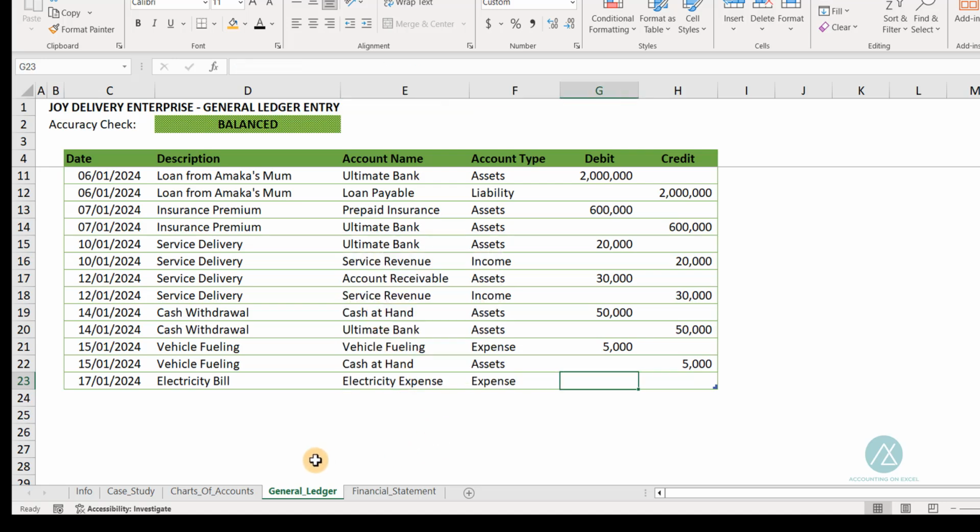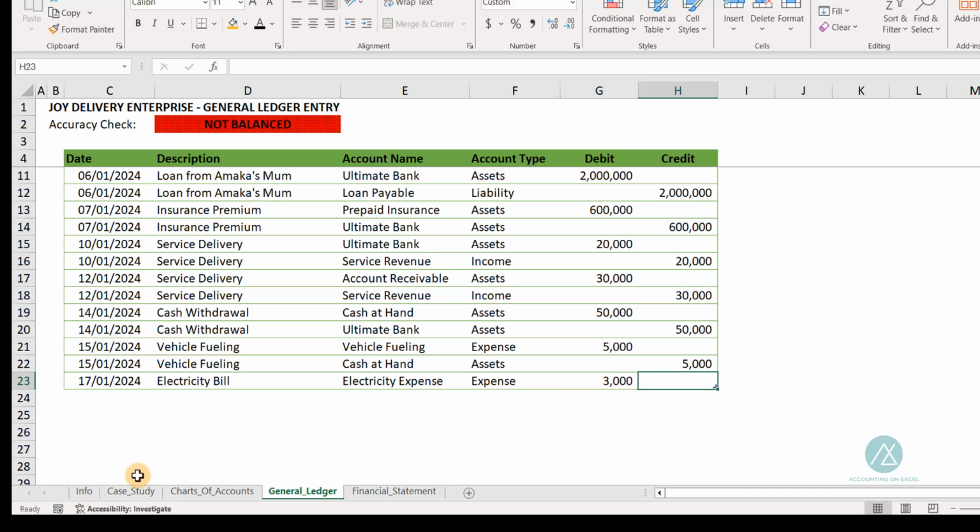So expense account, where to increase it, you debit it. So it has the same behavior with assets. Expense and assets have the same behavior, while liability and income have the same behavior. When you just know this, it will be easy for you, right? Because we are making an expense of electricity bill, our electricity bill will increase and we'll debit it. I think it's 3,000.